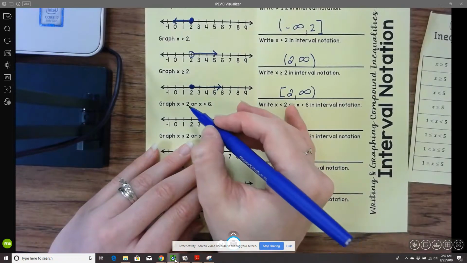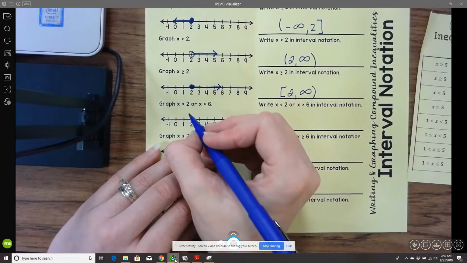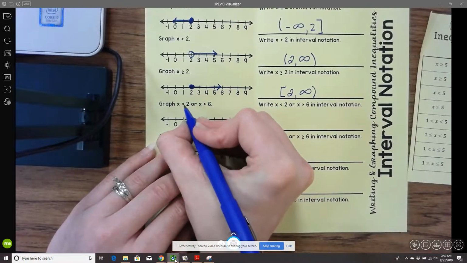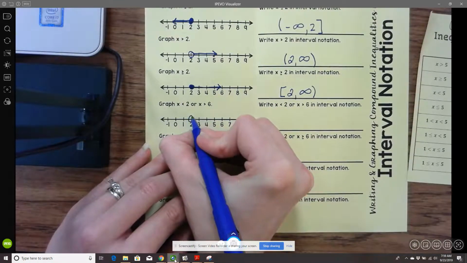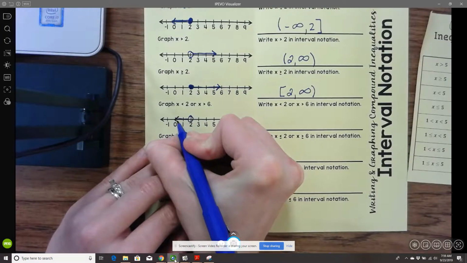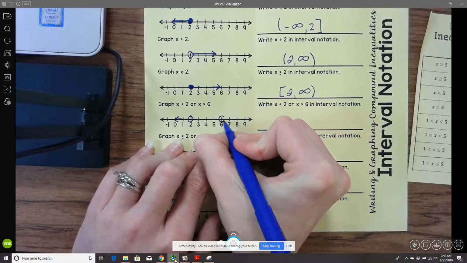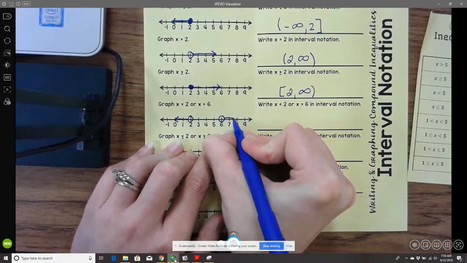Okay, so now we've got X is less than 2 or greater than 6. So if X is less than 2, it would be here. And if X is greater than 6, it would be here.